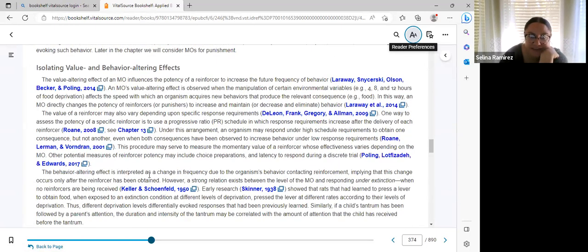Okay, kind of like shaping. Behavior altering effect is interpreted as the change in frequency due to the organism's behavior contacting reinforcement, implying that this change occurs only after the reinforcer has been obtained. However, a strong relation exists between the level of the MO and the responding under extinction when no reinforcers are being received.